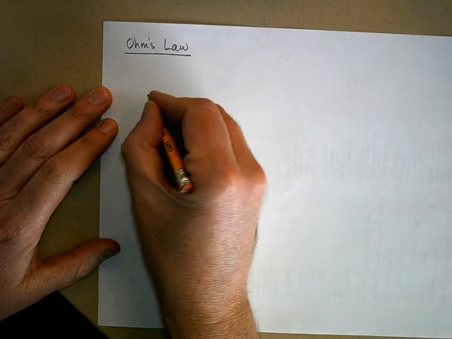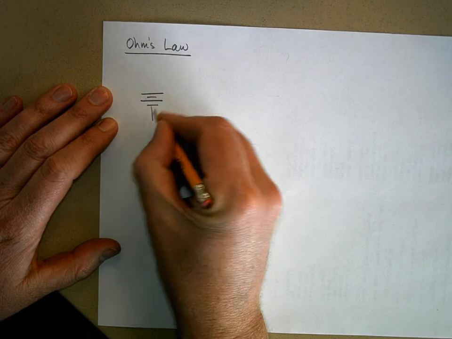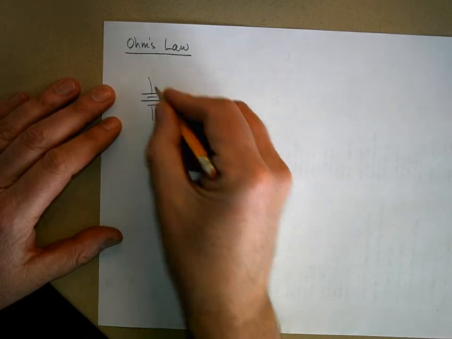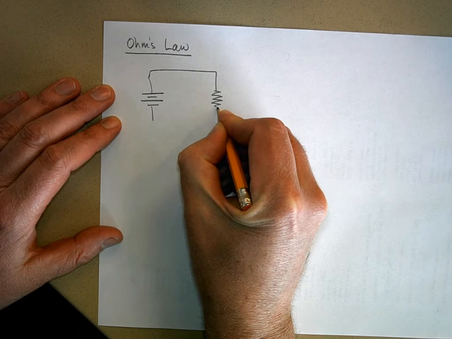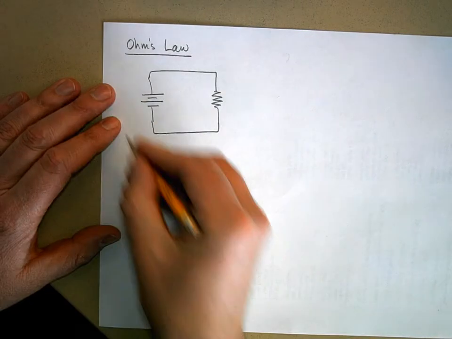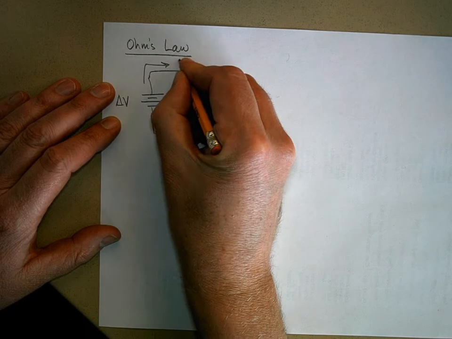Now, here's what we've got. We've got some kind of battery. And so it's going to come across here, and it's going to deliver energy to a resistor. So I'm going to call this delta V, and that forces a current to flow.